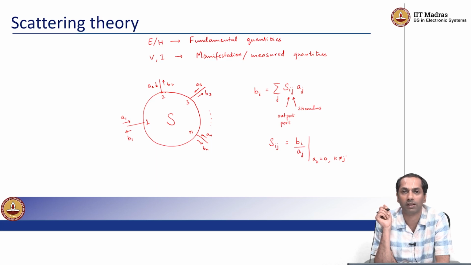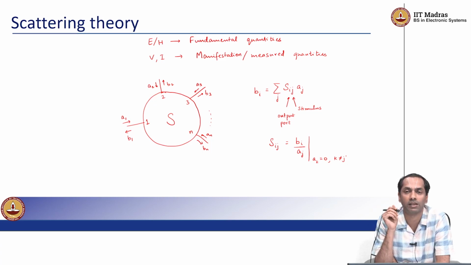If there is no contribution from, say, port 1 to port 3, that scattering parameter, going from S31, right? So I look to excite from port 1 and measure at port 3. So S31 will essentially be 0 if there is no contribution.